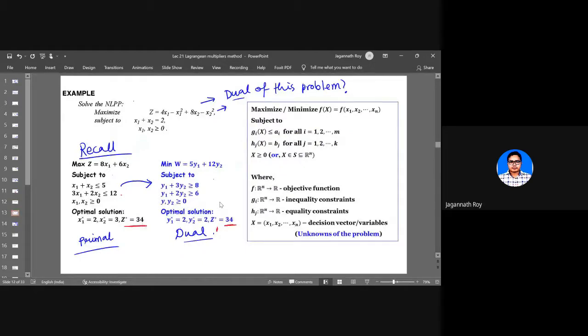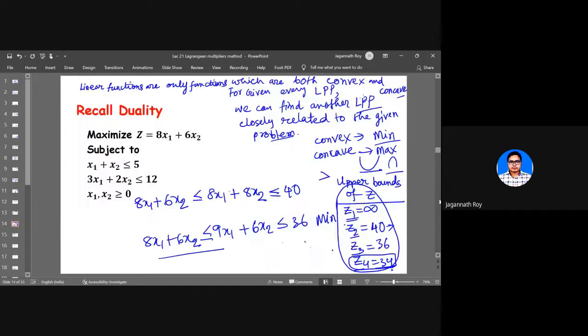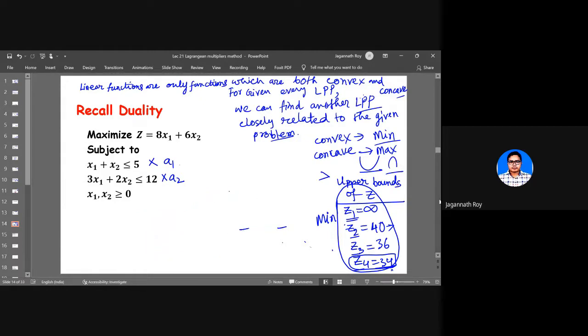If you remember how we found the dual of a given LPP, we multiplied with A1 and then A2 and found an upper bound. Let me write it down here again.